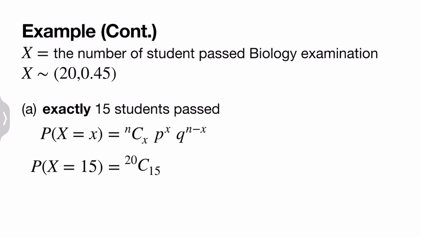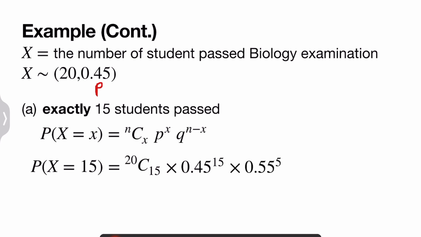X is 15. P, what is P? P is 0.45, to the power of 15. Kalau P 0.45, what is Q then? Q is 0.55. Mana dapat 0.55 ni? 1 minus 0.45 lah. That is how we find the value of Q. To the power of 5, so we're going to get 0.0049.